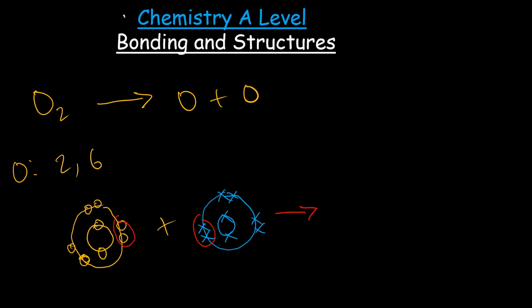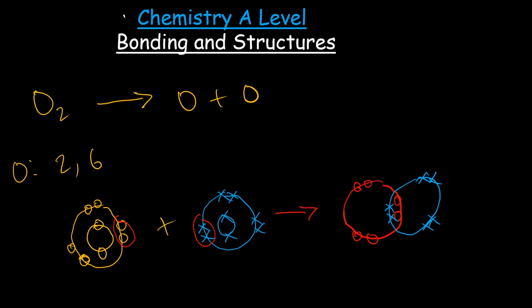Okay, so in total they will share 4 electrons. So we're going to have this structure. We're going to have this diagram. So we have, for this, 1, 2, 3, 4, then 5, 6. Okay, then we have the second oxygen, and that will be 1, 2, 3, 4, 5, 6.